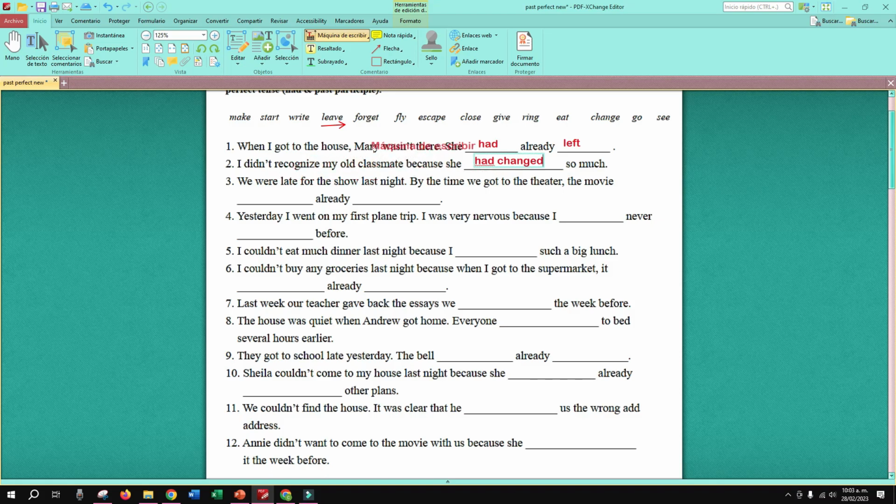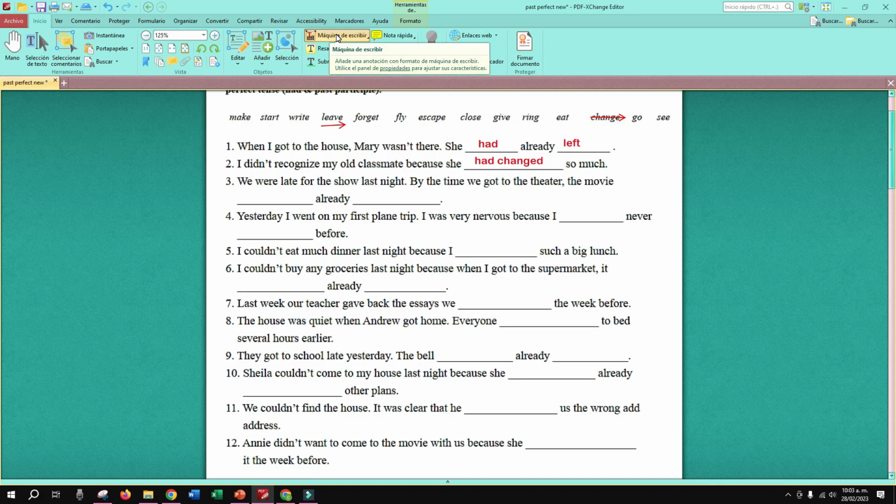That's good, right? So we have already used change. Excellent, very good. So I didn't recognize my old classmate because she had changed so much. Excellent, very good. Let's see the number 3.